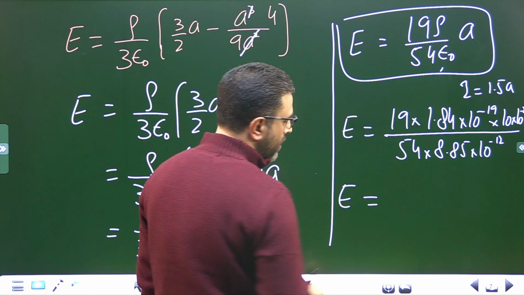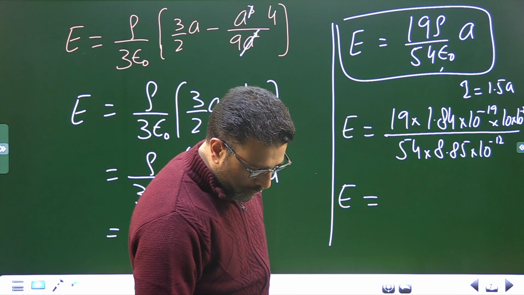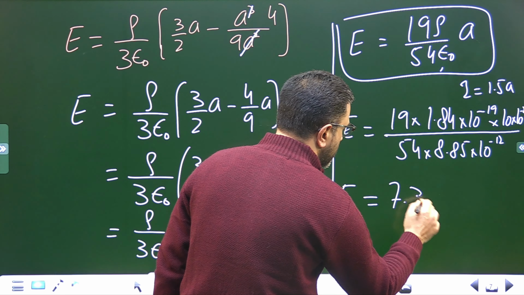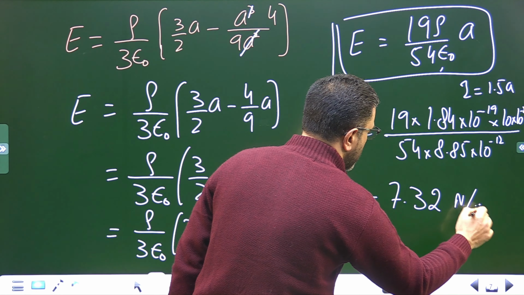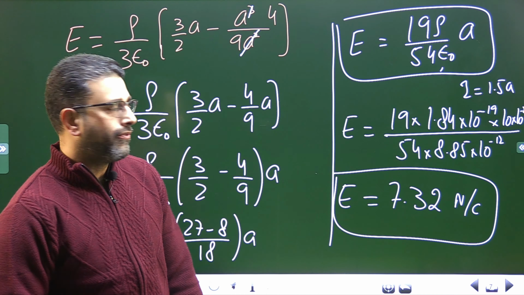So this is what we have to work out. I have already done that. This comes out to be 7.32 Newton per coulomb. This is the field at a distance of 1.5 times A.